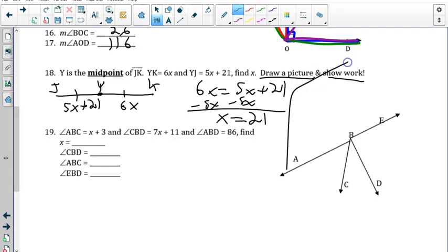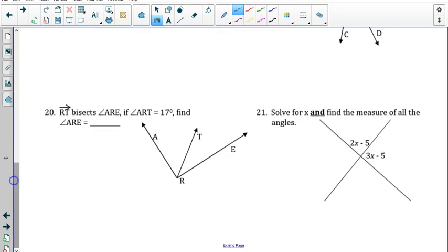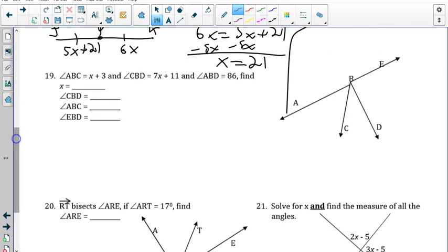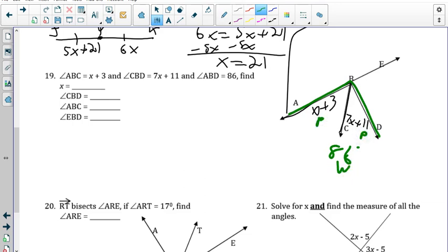All right, ABC is x plus 3. That's this angle right here. CBD, the angle kind of in the middle, is 7x plus 11. And ABD, now careful, that's this entire angle, is 86. So what do we have? We have a part and a whole.